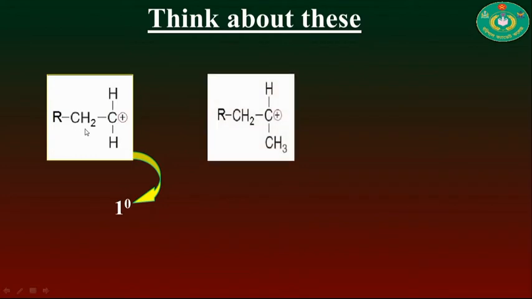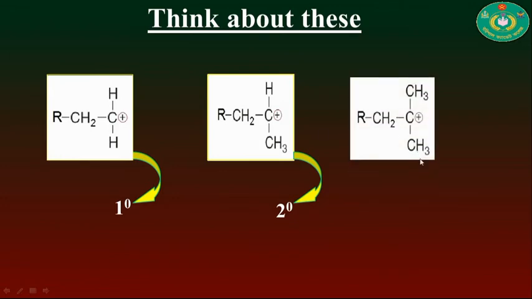Consider the next example. This carbocation contains 2 alkyl radicals, so it is known as 2 degree or secondary carbocation. And the last one, this configuration contains 3 alkyl radicals, so this carbocation is known as tertiary or 3 degree carbocation.